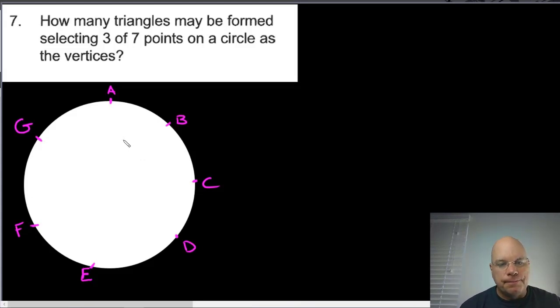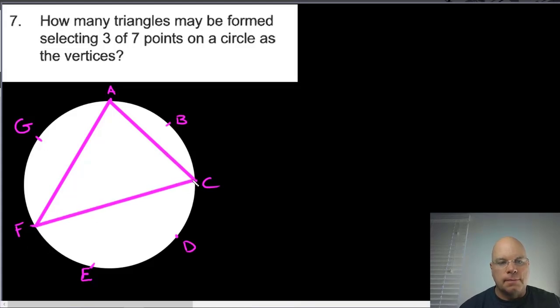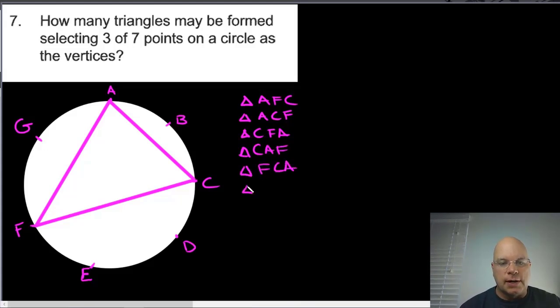If I make a triangle with these 3 points as the vertices, that's triangle A, F, C, or I could call it triangle A, C, F, or triangle C, F, A, or triangle C, A, F, or triangle F, C, A, or triangle F, A, C. There's 6 ways to name that triangle, but no matter how I name it, it's still the same triangle.